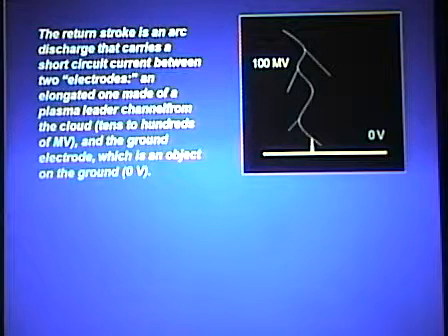One electrode is actually the extended electrode of a leader which goes to the ground, and this electrode has a voltage of up to hundreds of millions of volts. And another electrode is some structure on the ground, which is at ground potential, which is 0 volts. So when you have a hundred-million-volt electrode touching the one which is at 0 volts, you have this arc. And this is the arc of the return stroke, and the return stroke goes upward.